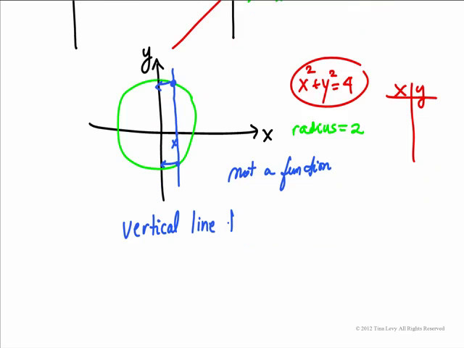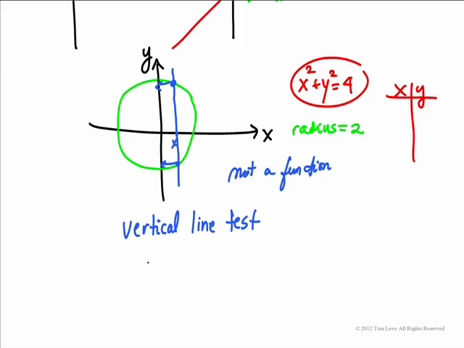And the vertical line test is just what I did here with this blue line. You put a vertical line because that's an x value. And if it intersects the graph in more than one spot, it's not a function.